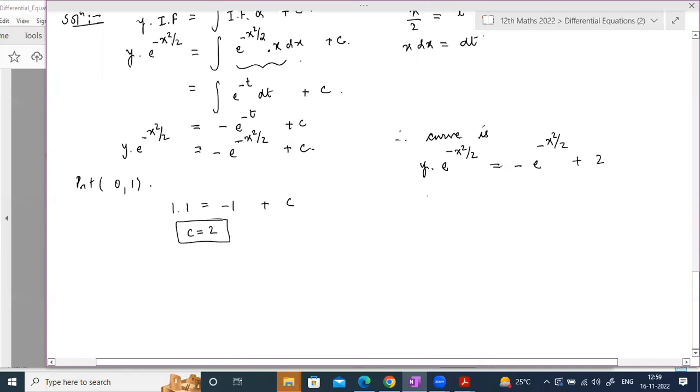And we can even bring x square over 2 to the other side. The answer will be y is equal to minus 1 plus 2 times e to the power plus x square over 2.